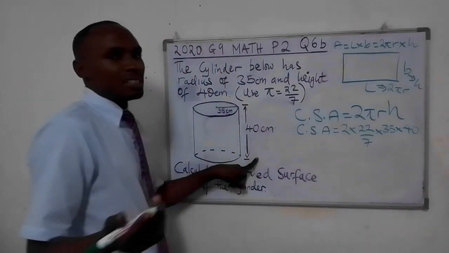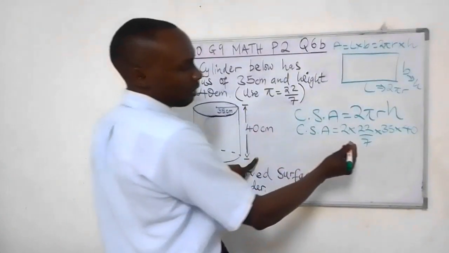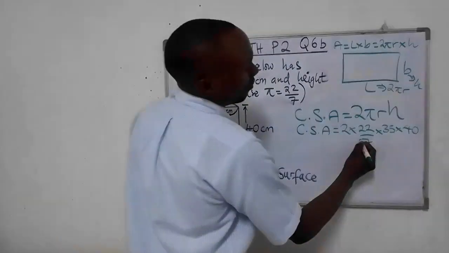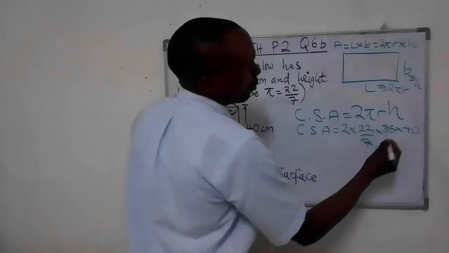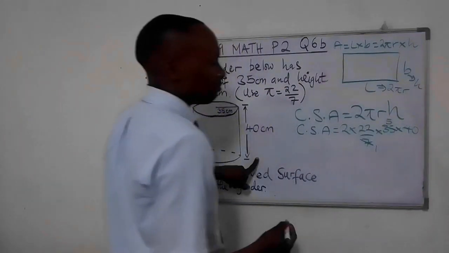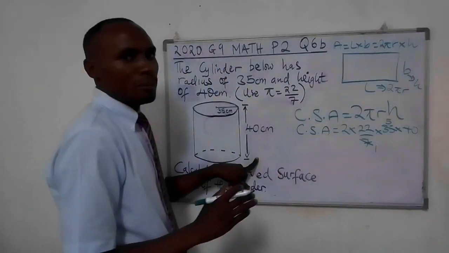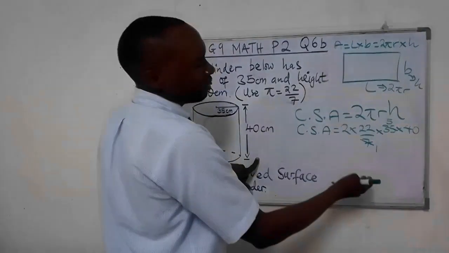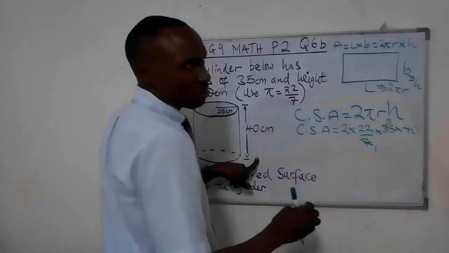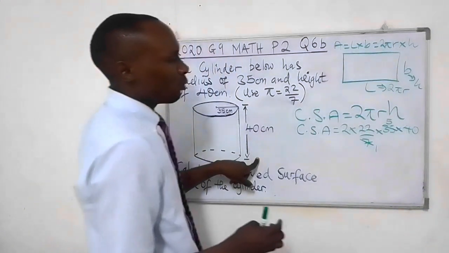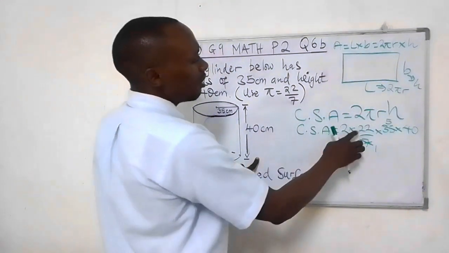There are numbers that can simplify here. For example, 7 can go into 7 and 7 can go into 35. 7 into 7 is 1, and 7 into 35 gives us 5. So below we don't have any number, we just have 1, which means we just have what is on top: 2 times 22 times 5 times 40.